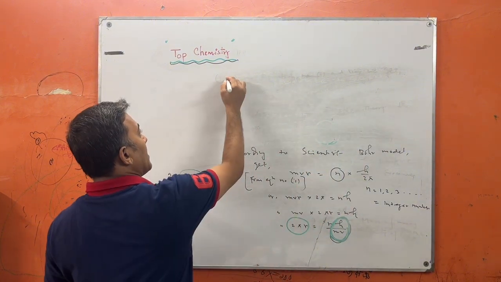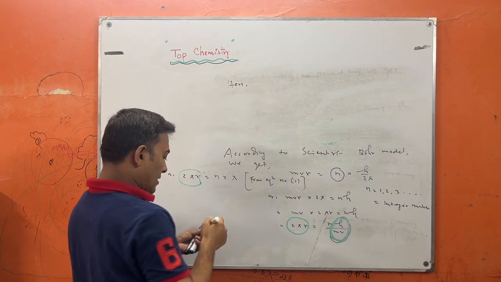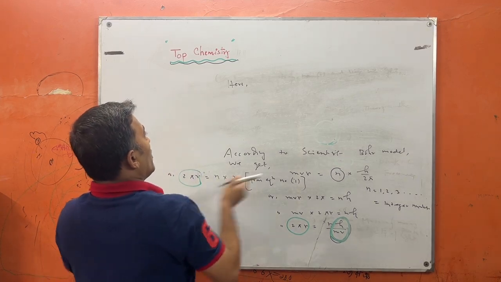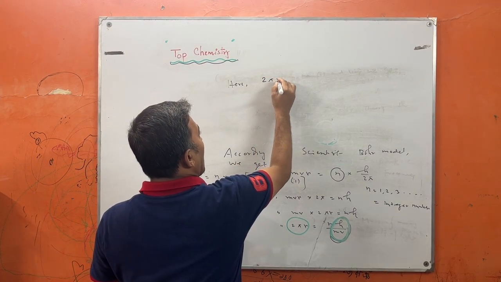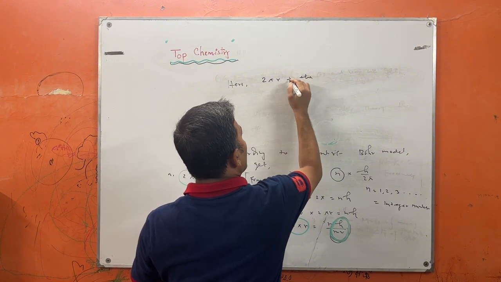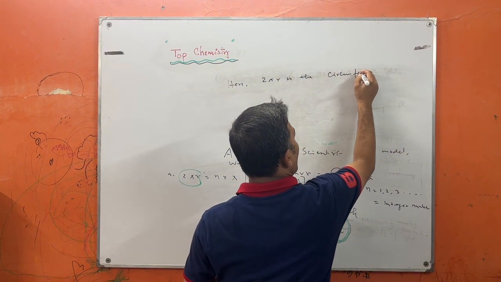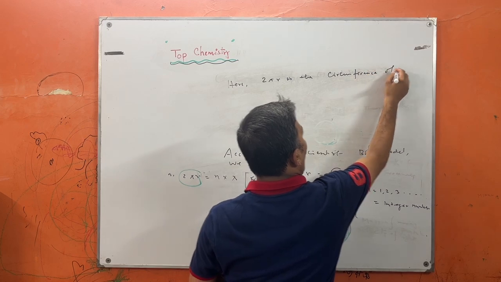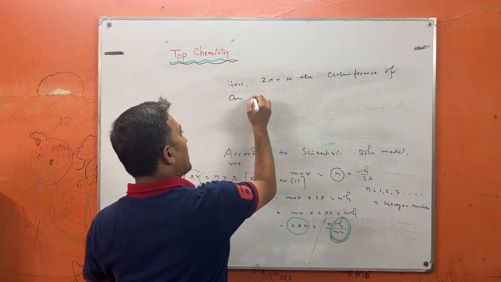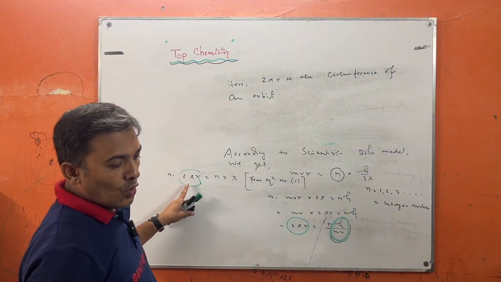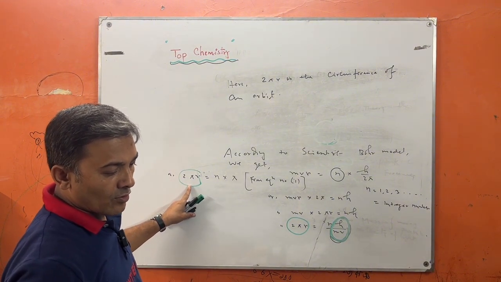Here 2 pi r is the circumference of an orbit. Dear student, we should know 2 pi r is the circumference of an orbit.